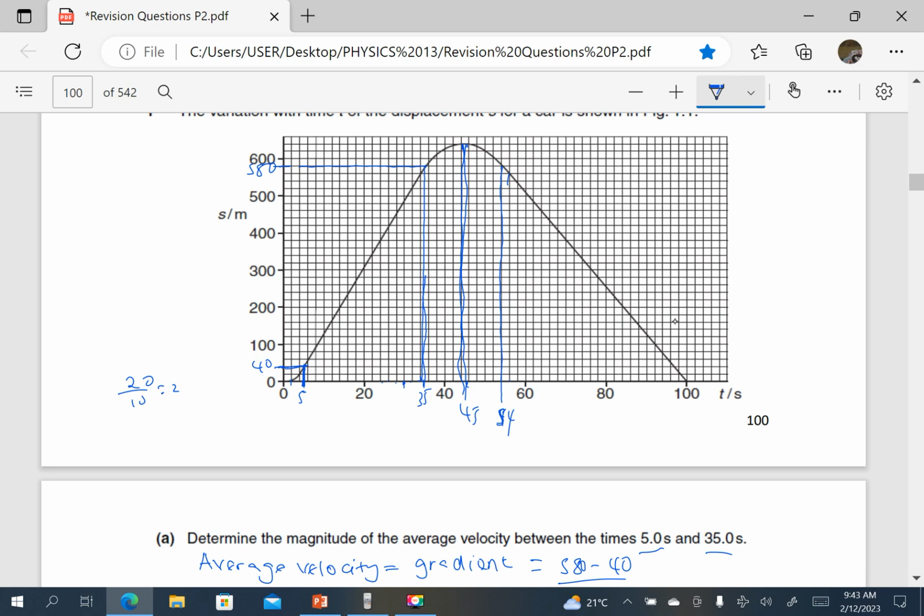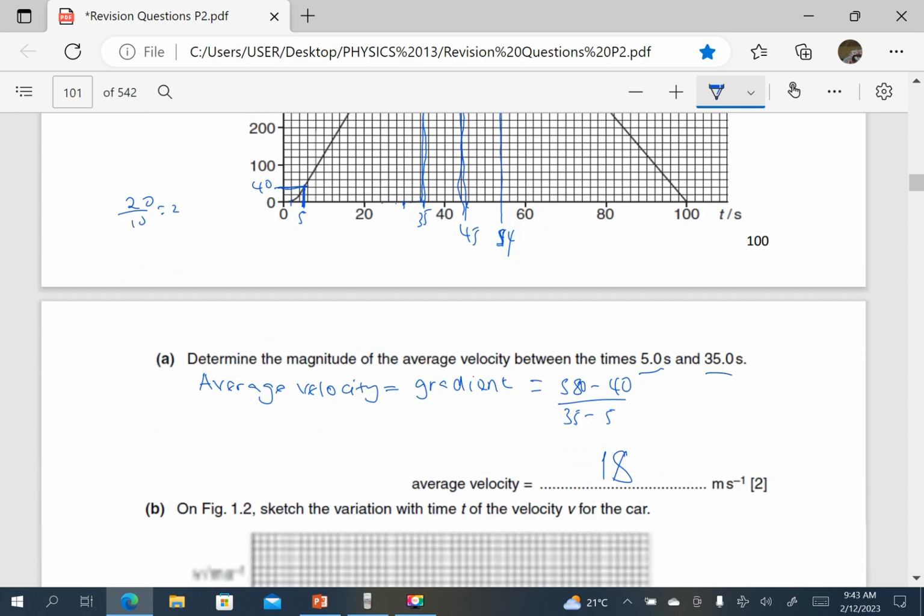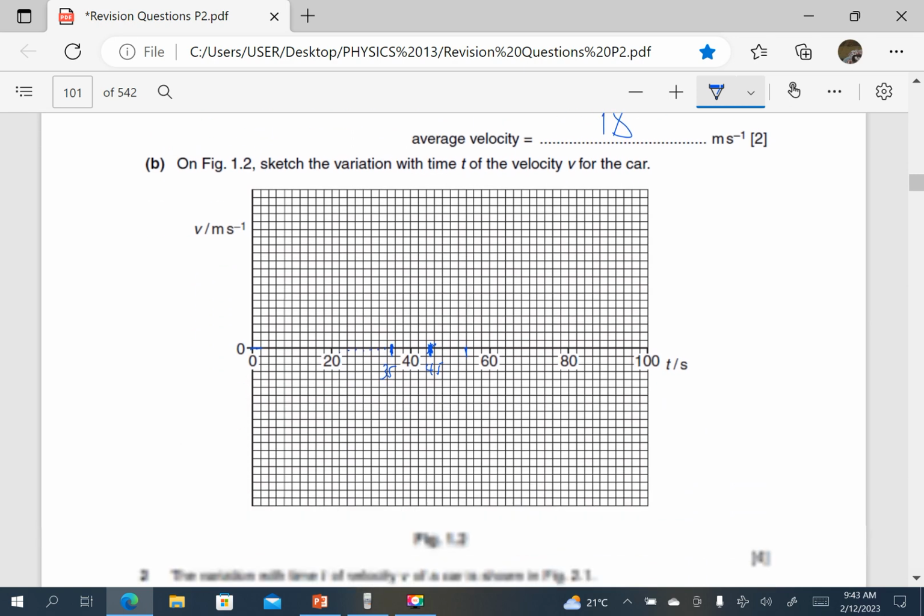So I'll have to draw a graph which goes upwards because the velocity increases. Between 2 and 2.5, there's an increase in velocity. So I'll draw a line which goes upwards.